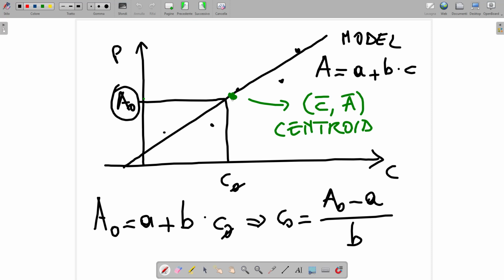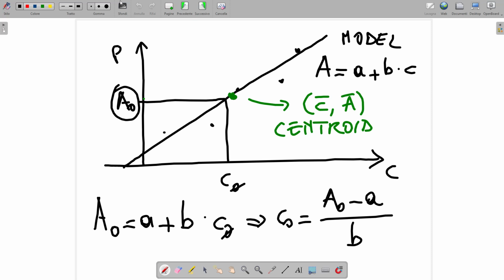I have to choose the values of the concentration of the standards in such a way that their average is close to C0, or the average area of the standards is close to the area of the unknown. In fact, at the end of the discussion of this formula, I will tell you how I proceed practically. How can I decide the concentration of the standards?